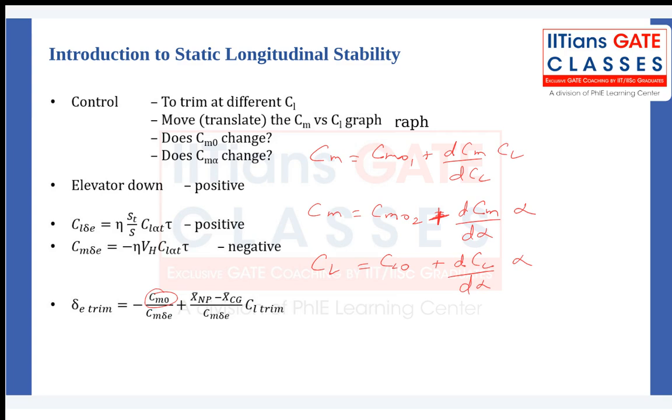So dCM by dCL, you just rewrite it as dCM by d alpha into 1 by dCL by d alpha and plug it in here.